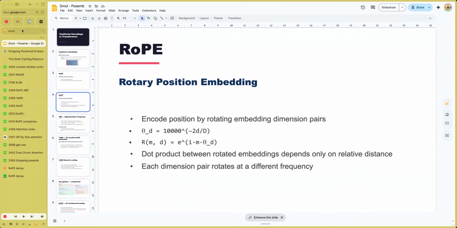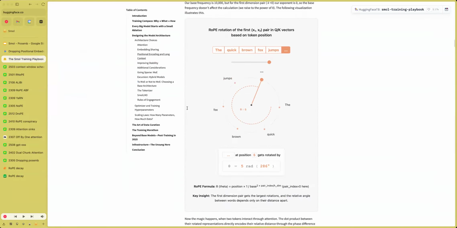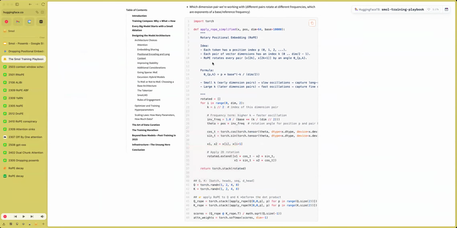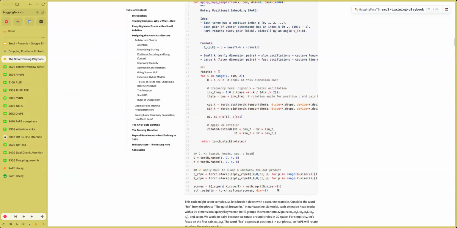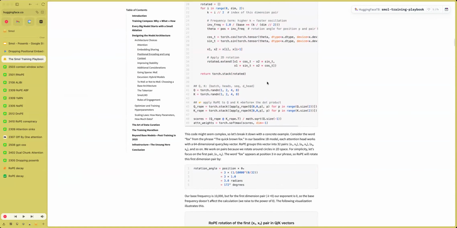Let's look at one of these properties, the main one. They give this formula for RoPE in the paper. Basically, our lower dimensions change their angle very frequently with the position, and higher dimensions change the angle very slowly with the position.